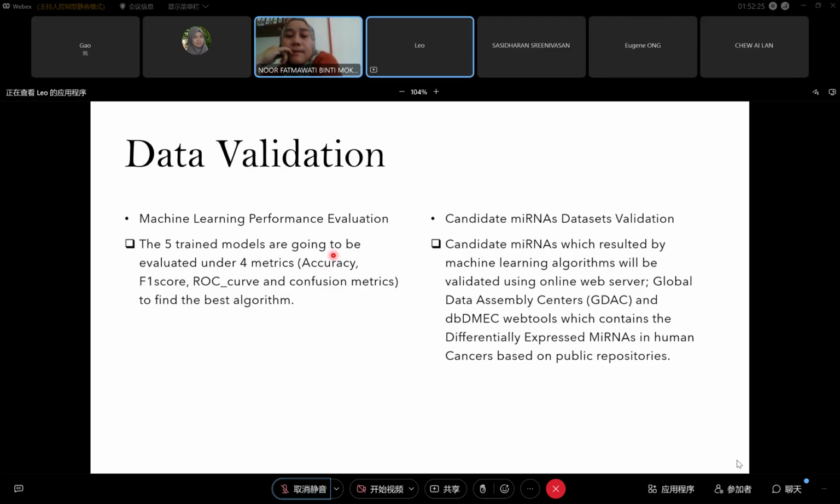Here, the accuracy, F1 score, ROC curve, and confusion matrix. So these are the parameters that you're going to extract from all 5 algorithms. Yes. And then you will come up with the best. You will show that, let's say, model number 5 is the best algorithm for this skin cancer, to answer the objective that you're going to do.